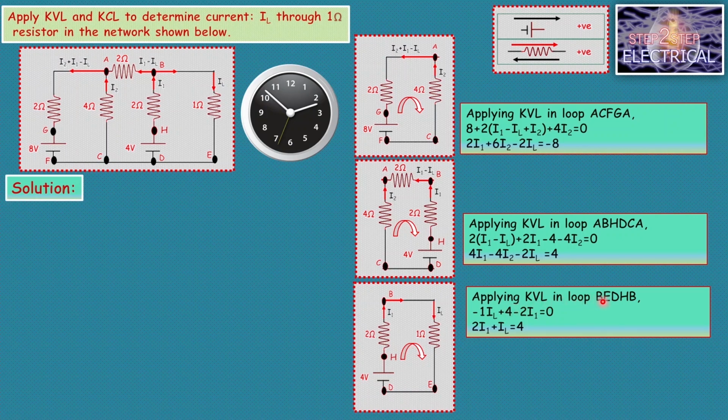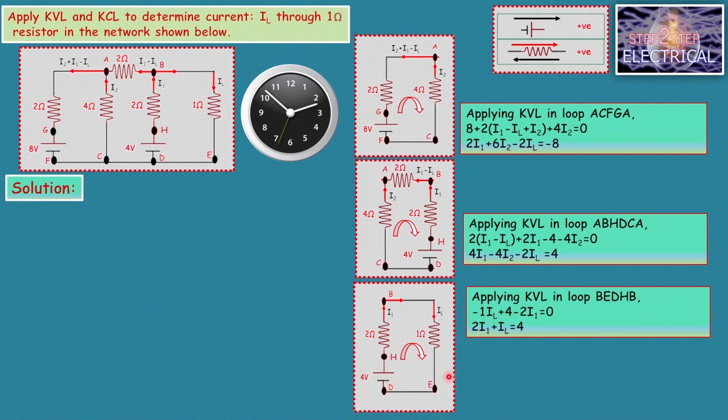Applying KVL in loop B, E, D, H, B, we will start from here. IL is the current flowing in clockwise direction and the direction of movement for writing KVL is also clockwise. So it is minus 1 into IL. And the potential drop across this battery is positive, because we are moving from negative to positive terminal.